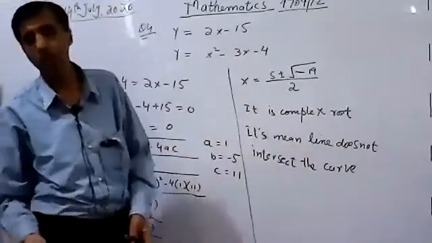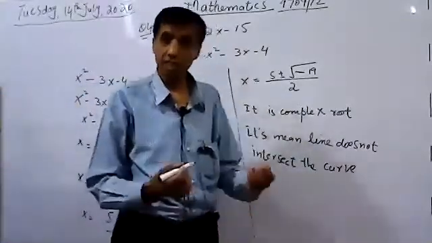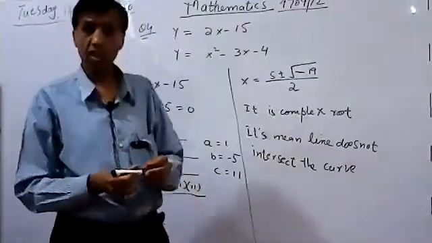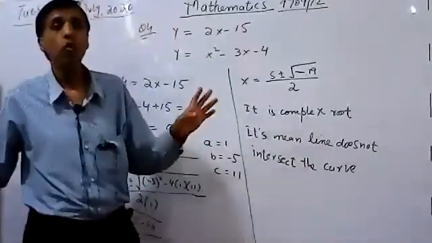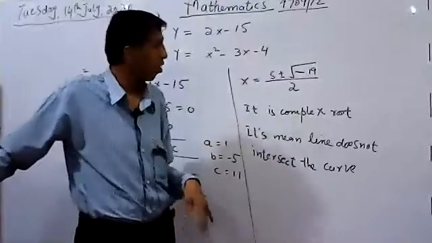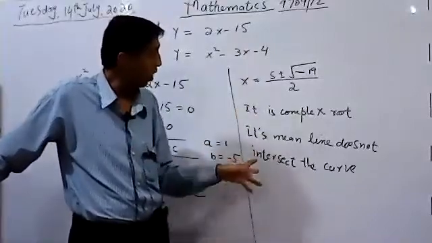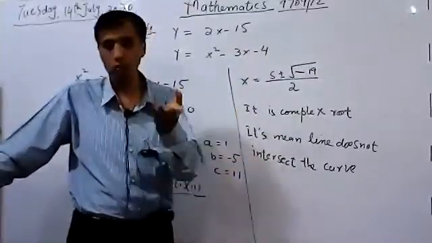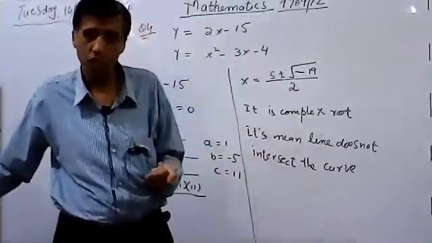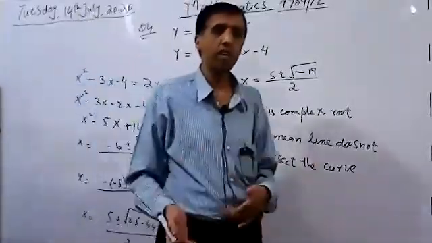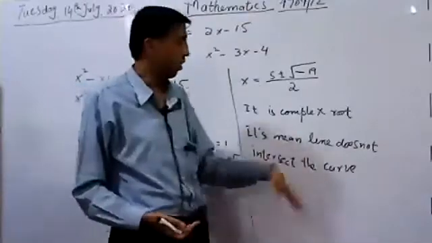My answer comes in negative sign in the square root, and with a negative sign in a square root we cannot solve it further, so it is a complex root. It's the answer of the second part of your question: what will happen with the line and the curve? It means the line does not intersect the curve.